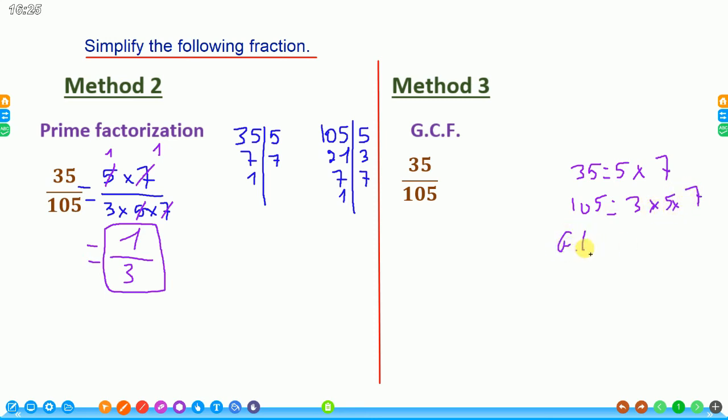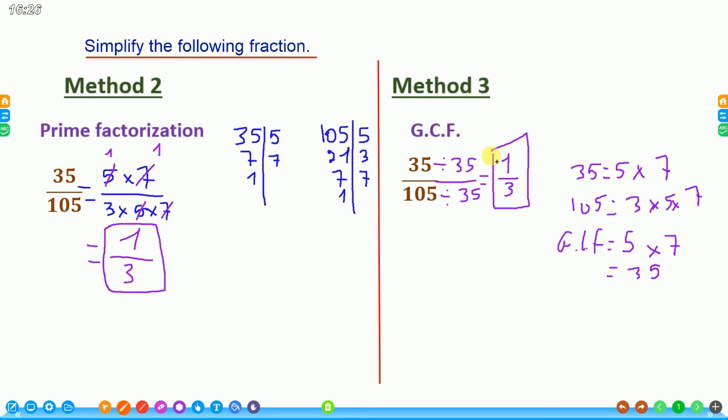So the GCF is in fact, let's see which factors are repeated. 5 is repeated, and the exponent is the same one, so this is the smallest exponent, 5 exponent 1 or 5, and 7 is another repeated factor, and 1 is its exponent, so 7 exponent 1 is the repeated factor with the smallest exponent, and the answer is 35. So 35 is in fact the GCF of 35 and 105, and the answer is also 1/3.